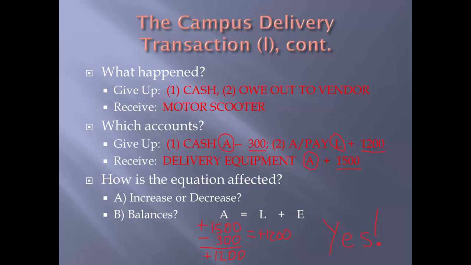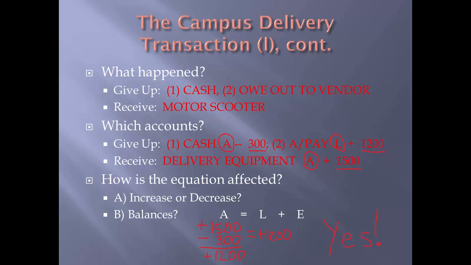Whenever we have one of these three-parters, we have to do something a little bit different. We have to actually put the numbers of these things on here, and then make a little table, and then we can see if the accounting equation balances. So up under which accounts, I'm going to put the numbers of how much cash did we spend.